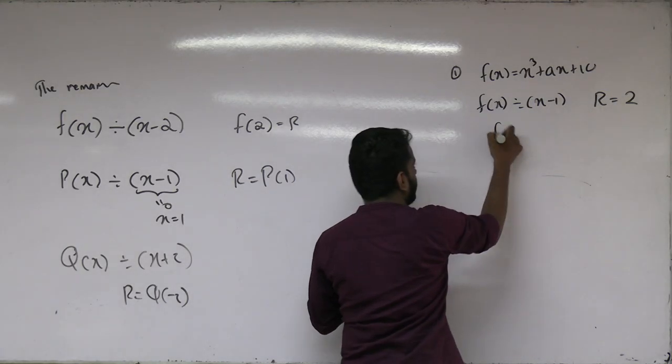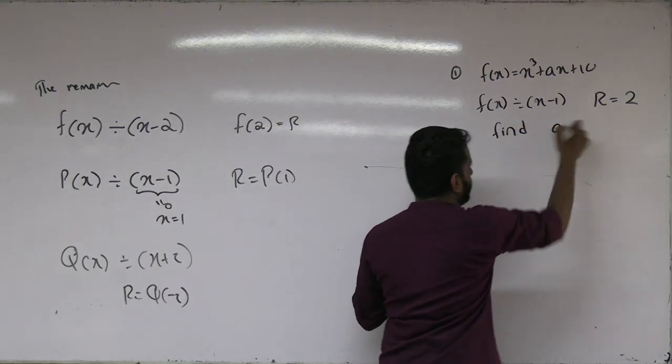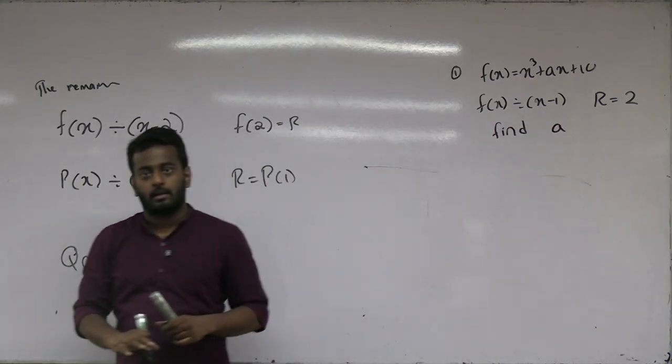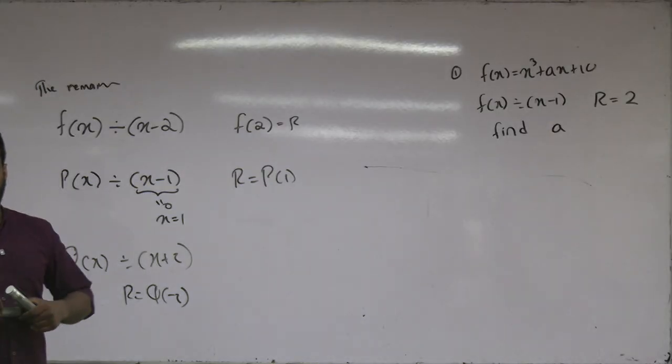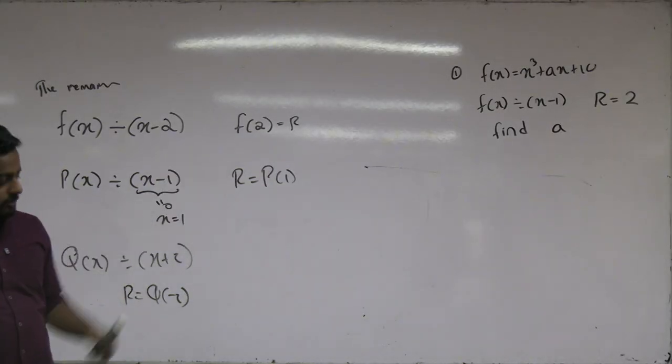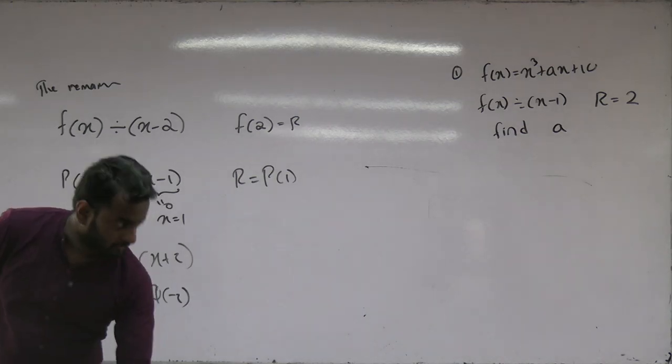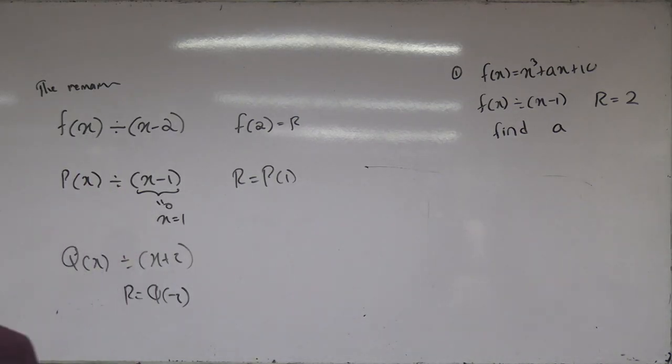We are supposed to find A. We have polynomial f(x) equals x cubed plus ax plus 10. You divide it by x minus 2 and they say that the remainder is 2. We are supposed to find the value of A.